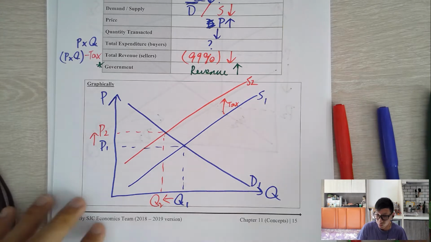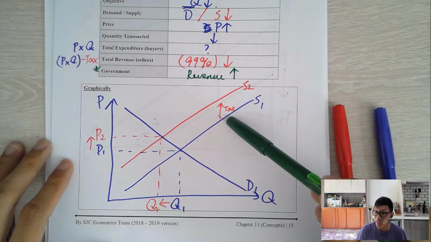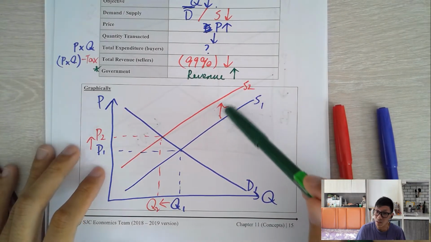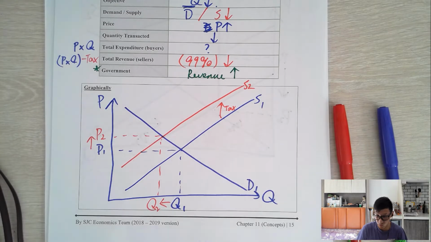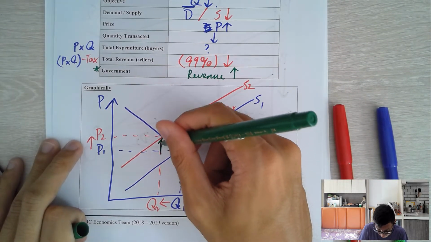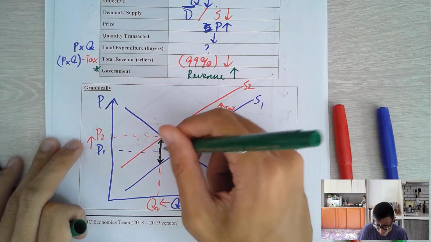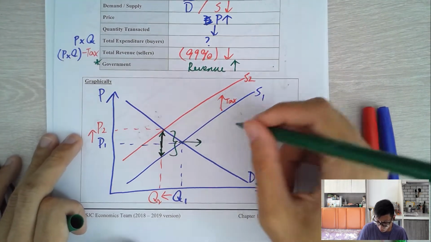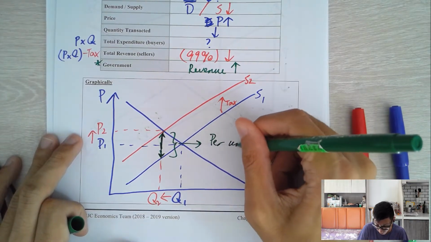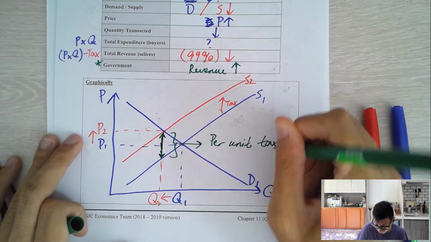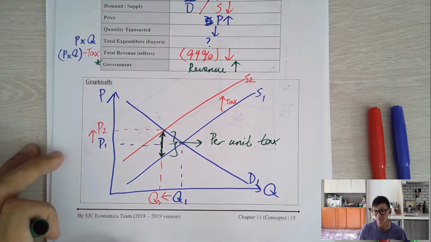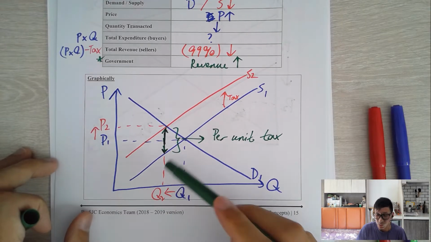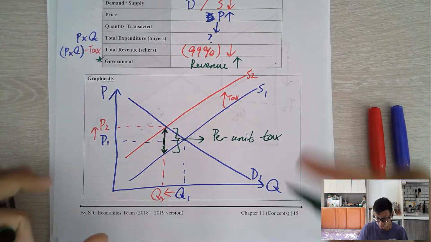It's not finished drawing yet. Finally, let's draw the tax payment. We said earlier, why am I going upwards? The vertical distance between S1 and S2, this green one, this distance is actually our per unit tax. Now we are selling Q2 amount of product.